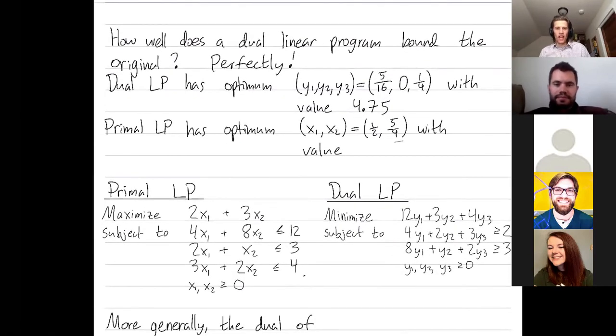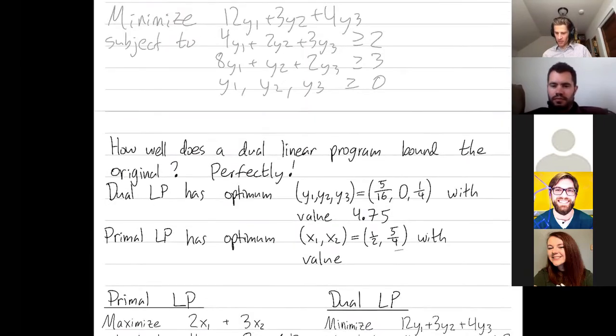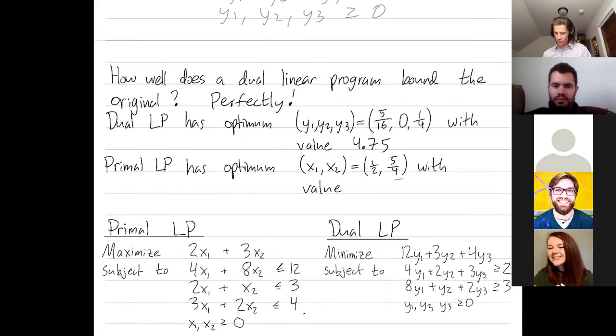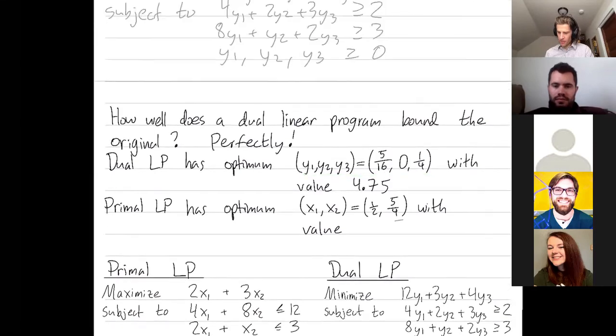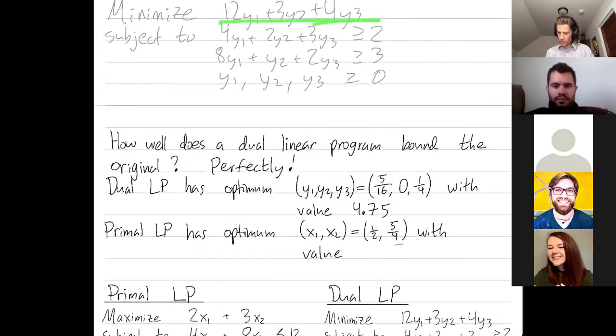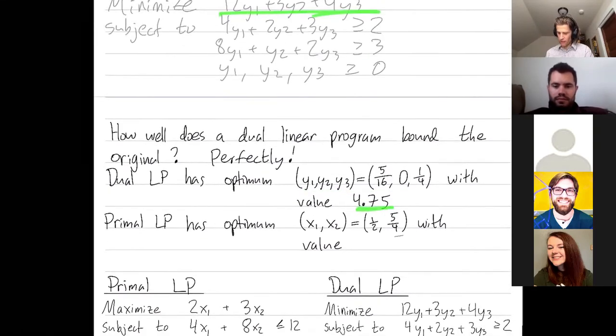So how well do you do when you bound these linear programs? You actually do as well as possible. You find a bound that is equal to the optimum. So our dual linear program, drawn right here, has an optimum where these are the values of y, and the minimum value, the best upper bound we can find, is equal to 4.75.